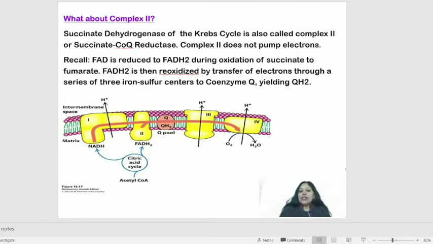We have not discussed this complex before because it is not involved in the pumping of protons. There is no pumping of protons through this complex. It just accepts electrons from FADH2 and gives them to Q, or coenzyme Q, same as complex 1. Correct?